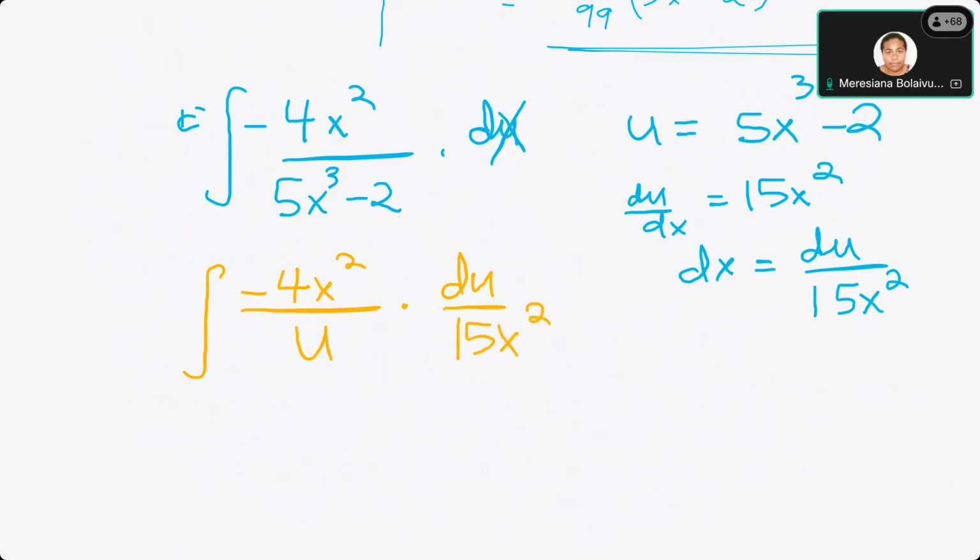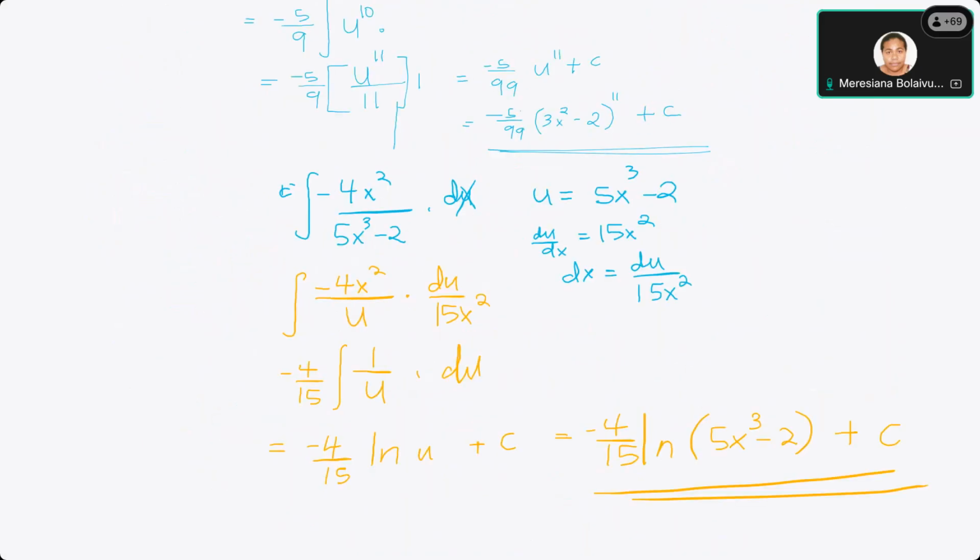So we simplify. When we simplify, x squared will cancel. The fraction now becomes negative 4 over 15. And what are you integrating in this case? Is it u or 1 over u? Right, so integrating 1 over u, again, when you integrate 1 over u, you use the formula sheet.